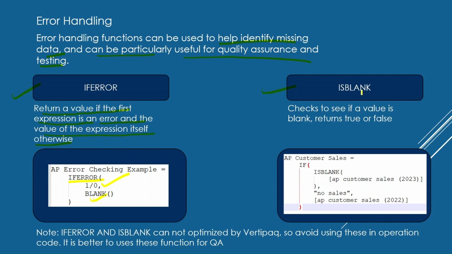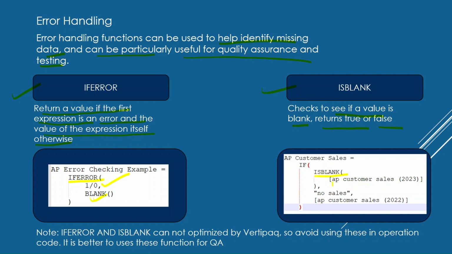Now let's discuss ISBLANK. It checks if the value is blank and returns true or false. Let's discuss this measure. We are checking if the value, which is this measure, is blank.